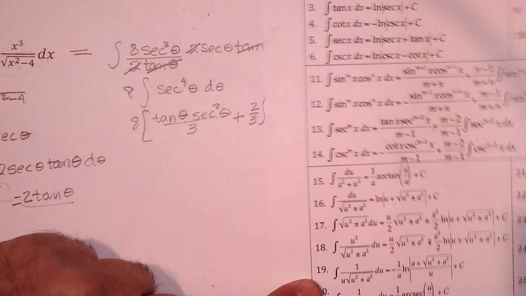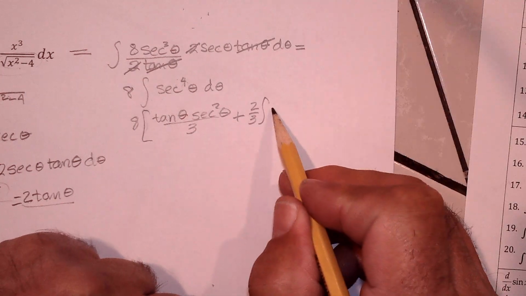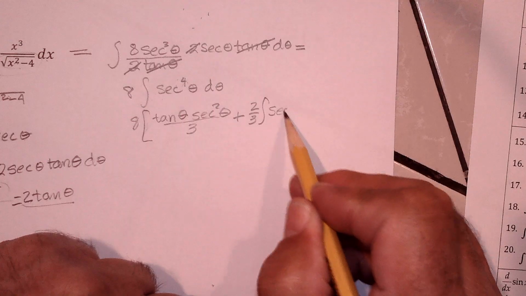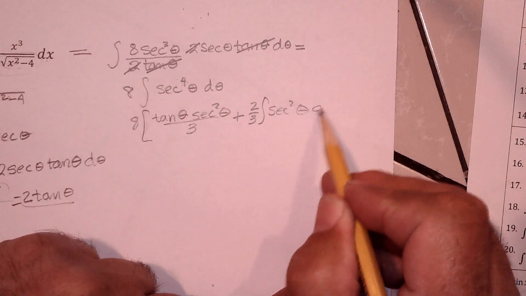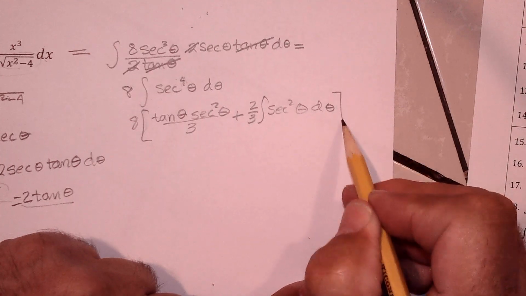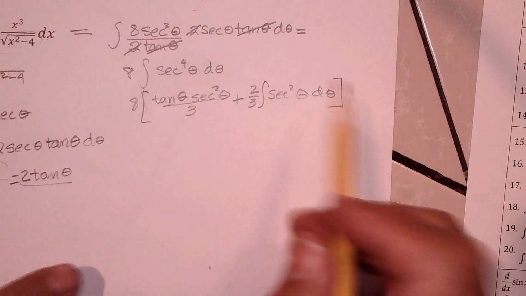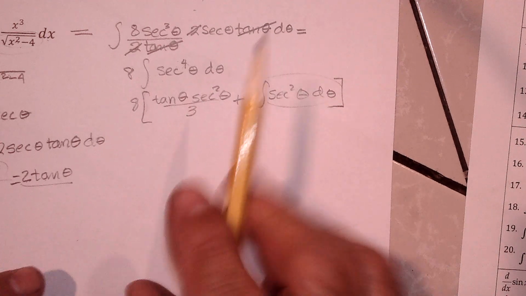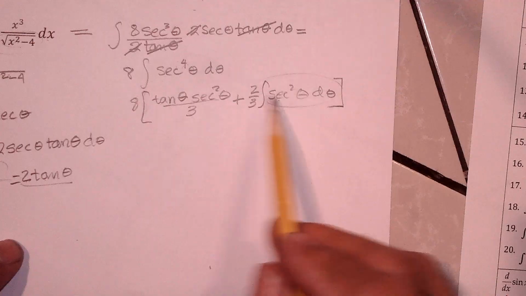So it goes from 4 to 2. Well, that did do what we were kind of hoping, get a secant squared.